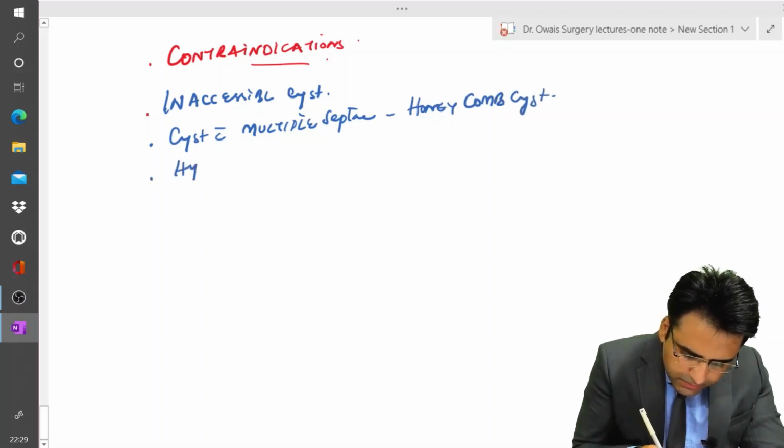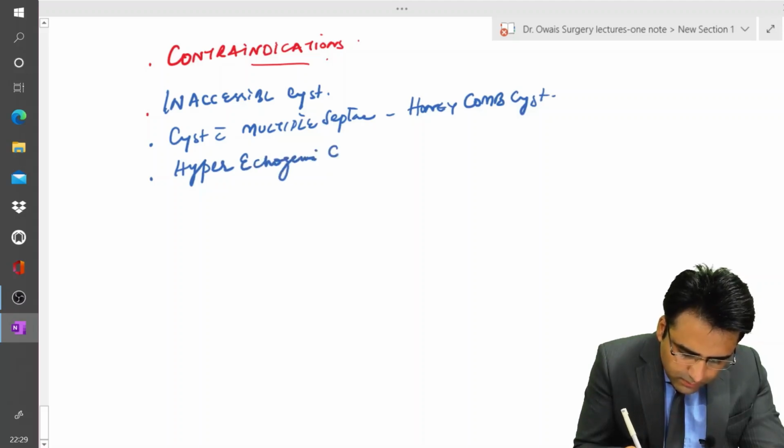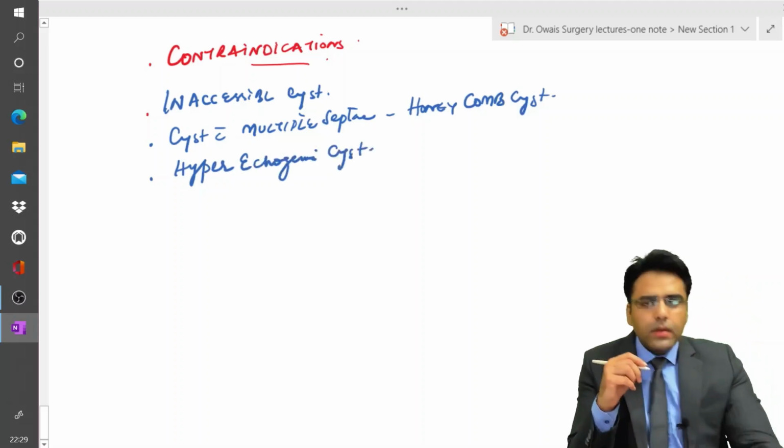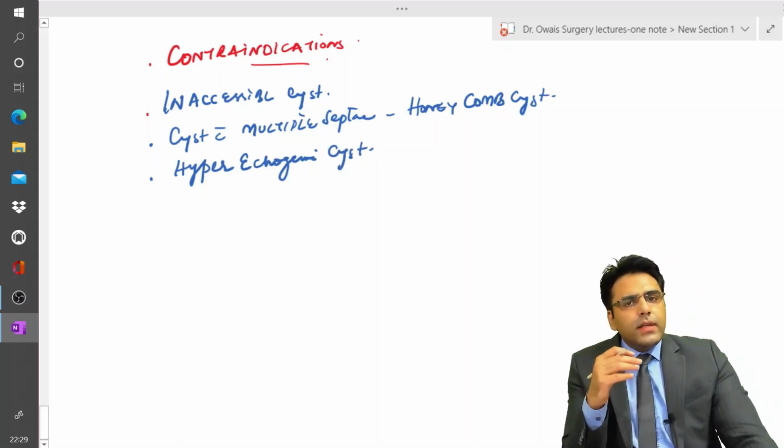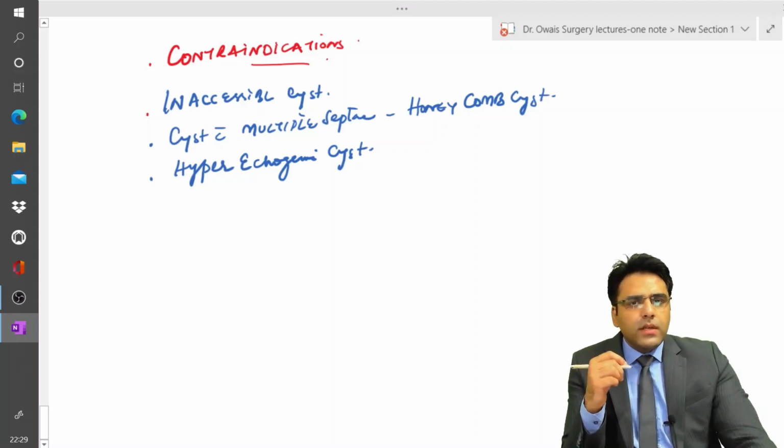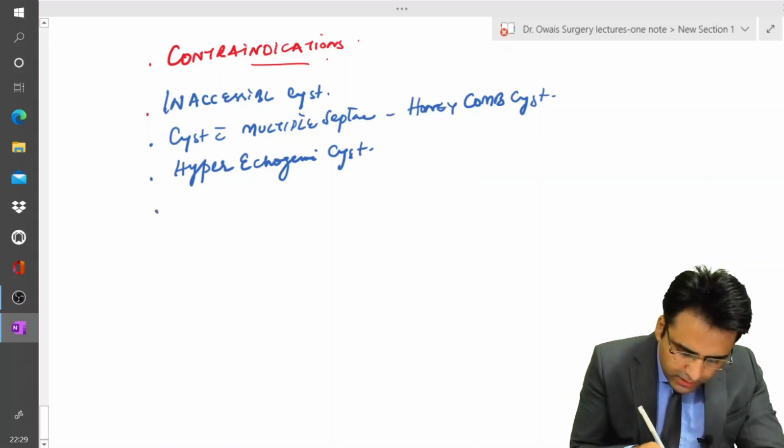After that, hyperechogenic cyst. Clear? Now in case of calcified cyst, or if there is any cystobiliary communication, in that case also PAIR is contraindicated.